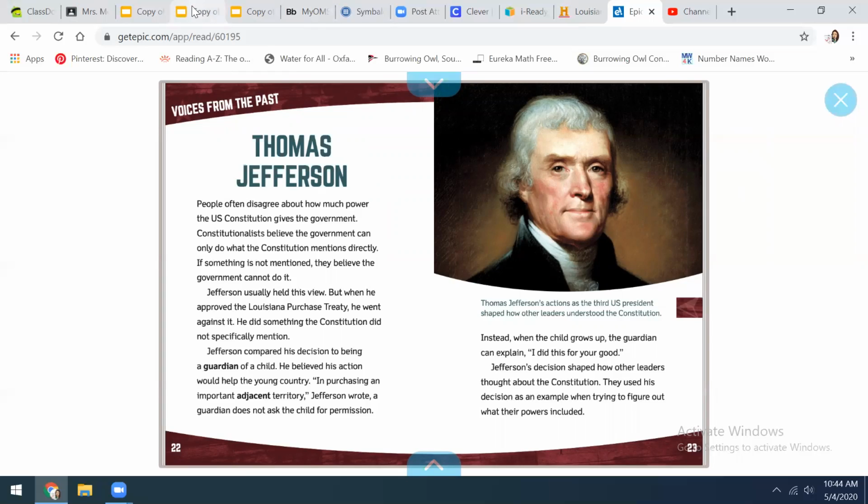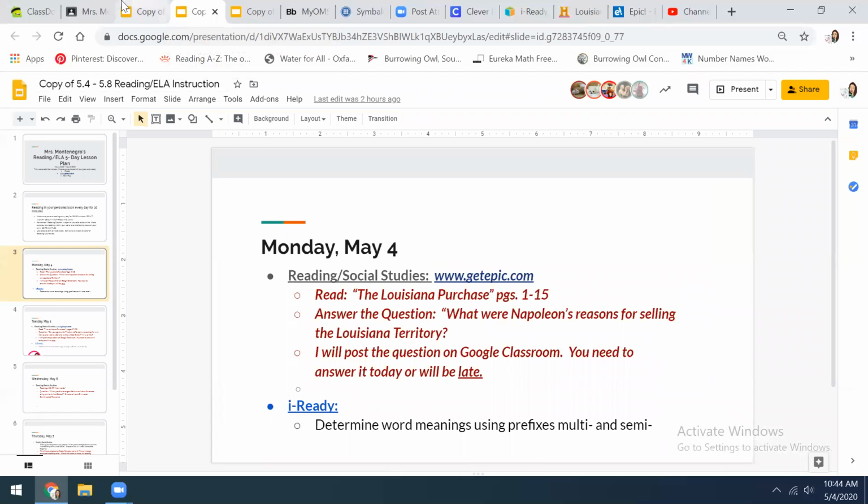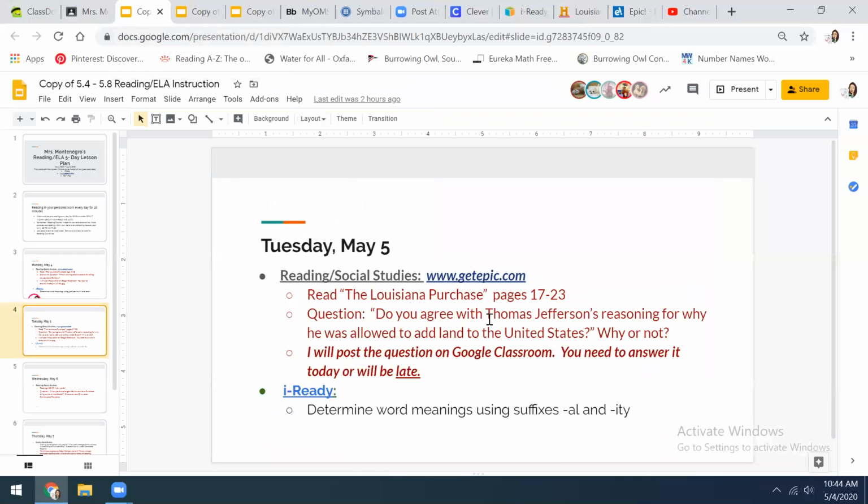So, based on what we read today, do you agree with his decision? Do you agree with Thomas Jefferson's reasoning for why he was allowed to add land to the United States? Why or why not? So you guys, boys and girls, make your claim. You can easily say, I agree with Thomas Jefferson's reasoning for adding land to the United States, period.